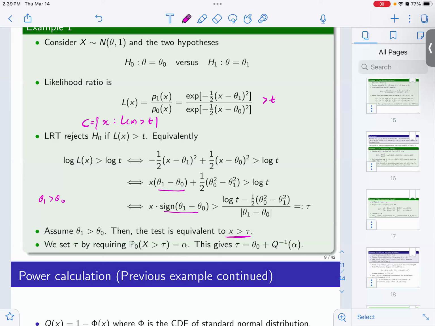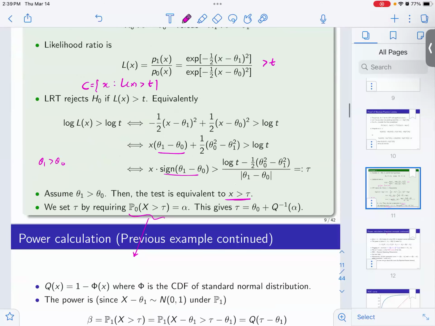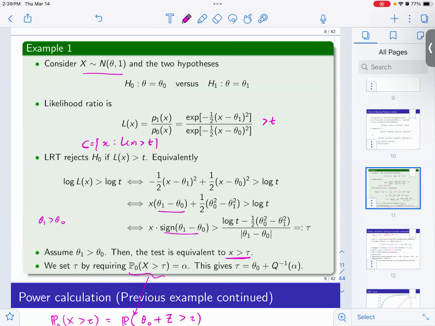In this case, under the null, I can write P naught of x bigger than tau as the probability that theta naught plus a standard normal is bigger than tau. Because we're under this model, this model can be written as x is equal to theta naught plus z, where z is standard normal.